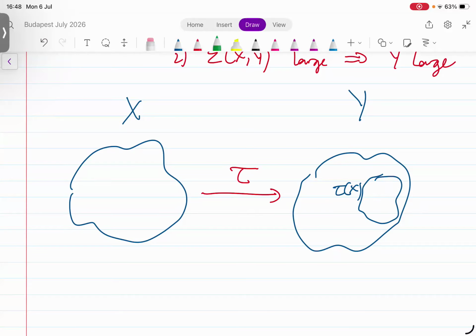One thing you can do is say, well, X is a self-similar set, so X has cylinder sets.